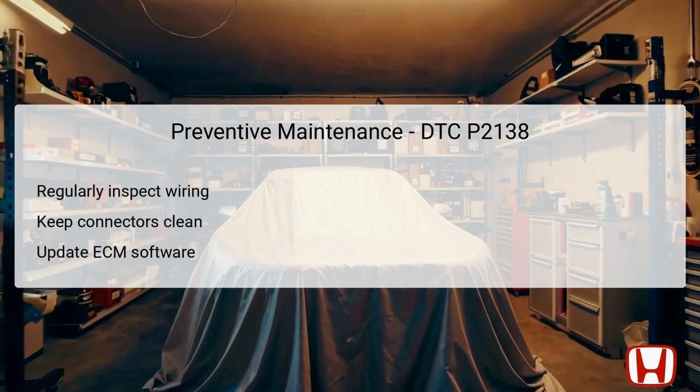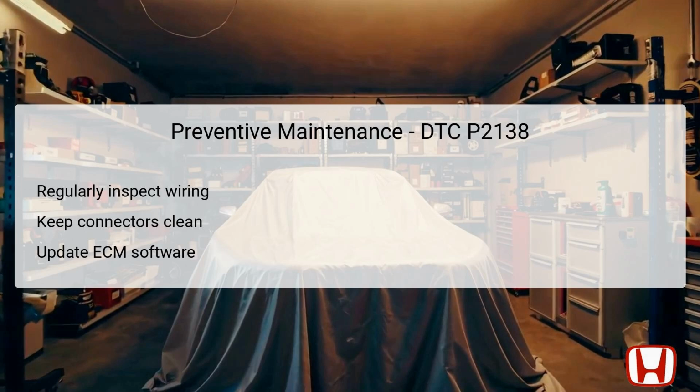For ensuring the longevity and optimal performance of the APP sensors and associated components, a schedule of preventive maintenance is essential. Regular inspections of wiring connected to both the APP sensors and ECM can help detect any premature wear, including fraying or corrosion that could lead to future issues like DTC P2138.